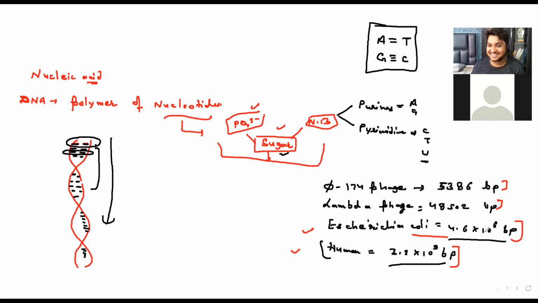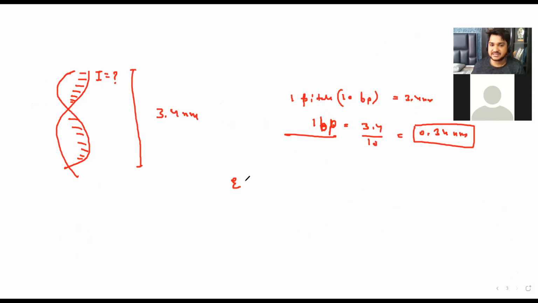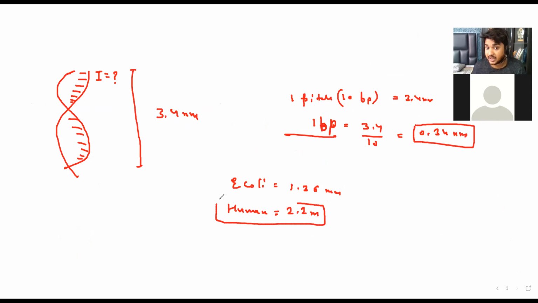Escherichia coli has this number of base pairs and humans have such a base pair number. So we can multiply it by the distance. For E. coli the distance we got is 1.36 millimeter. And if I talk about human, it is 2.2 meter, a 2.2 meter length of DNA.